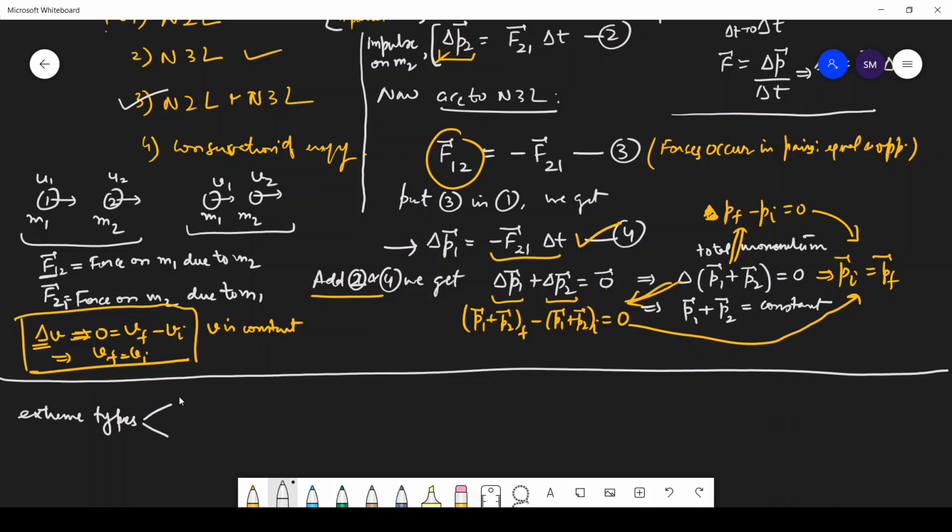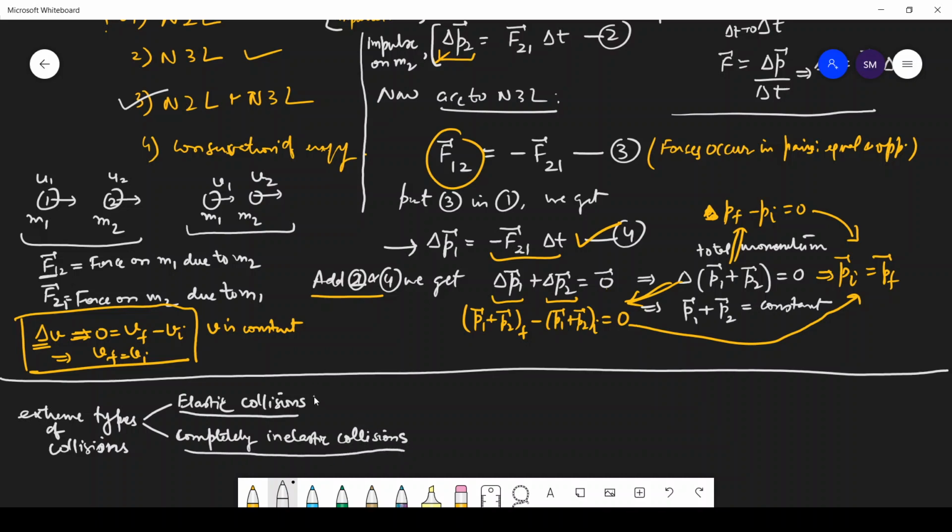One is elastic collision and another one is completely inelastic collision. So elastic collisions and completely inelastic collisions.